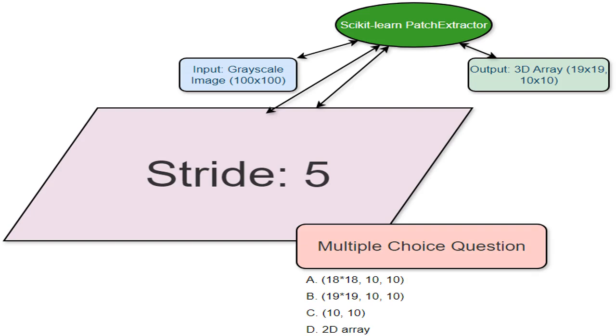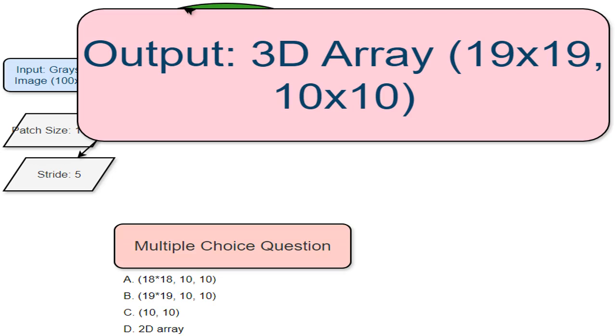The stride is how many pixels I move the window before extracting the next patch. A stride of 5 means I'll slide the 10 by 10 window 5 pixels to the right and 5 pixels down before grabbing the next patch. This way patches overlap each other. It's like stepping through the image with big hops. The result will be a 3D array.